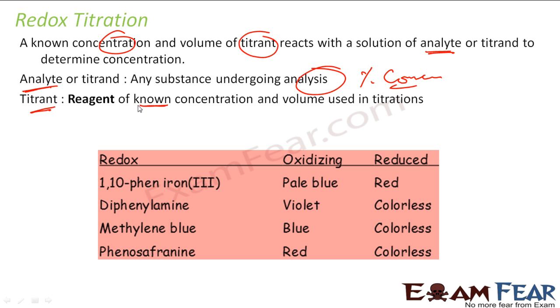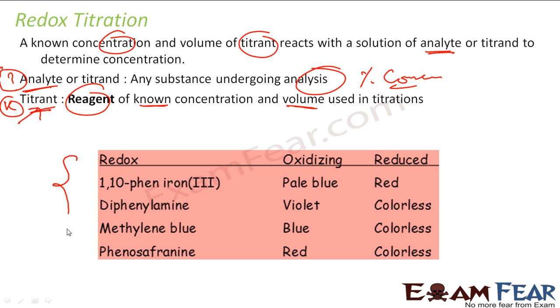We know the concentration and the volume of that, so we can find the concentration of this, right? This is unknown and this is known. That's the only difference.